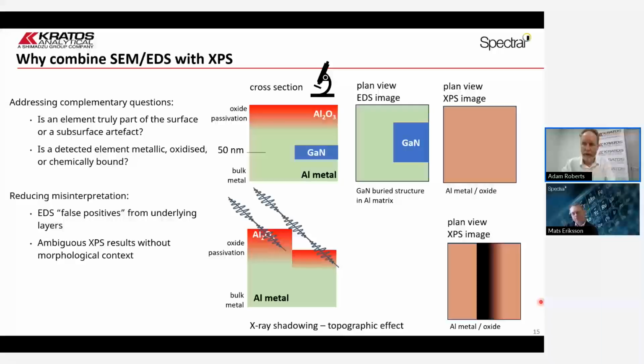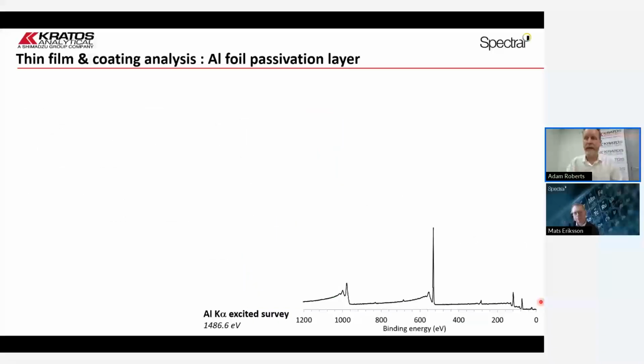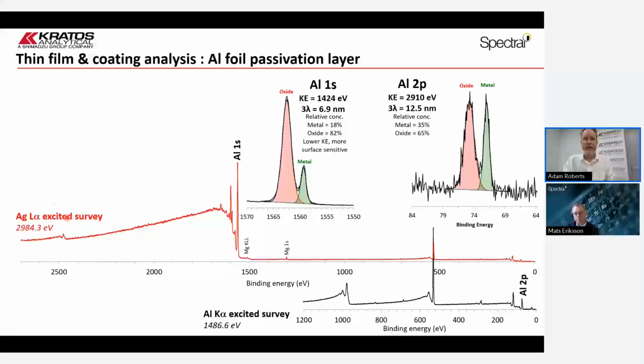So whilst we're still on our aluminium sample, again, this is my survey spectrum, which we've seen already. What I'm going to think about now is the depth distribution, and by changing the energy of my photons, by using higher energy silver L-alpha X-rays, I can actually begin to look deeper into my material with XPS. So if you remember, we said the photon energy of the aluminium is around about 1500 electron volts.